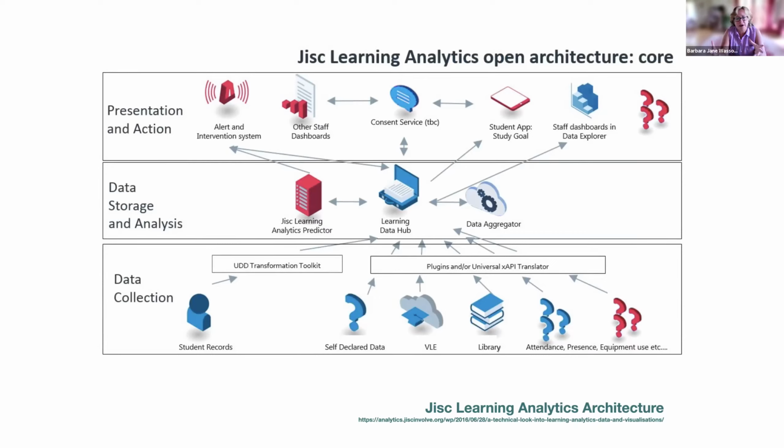So at some layer, you have your data collection layer where you're collecting data from student records, or some kind of survey data from a student, or their virtual learning environment or their learning management system, from their use of the library, etc. So you have some layer of collecting data, you have some middle layer of storage and ways to analyze it. So maybe you have a learner record store, some kind of data hub, for example, and you need to integrate that data in some way.